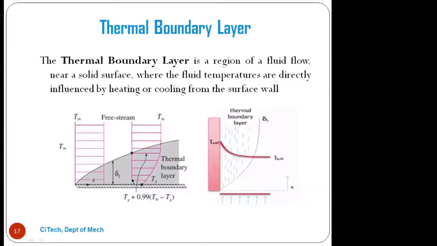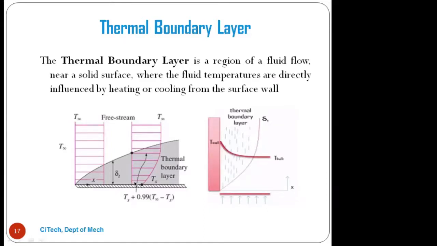If you take any distance from the surface upward, the temperature goes on decreasing. The fluid temperature is maximum at the surface of the plate, because the heating is taking place here.